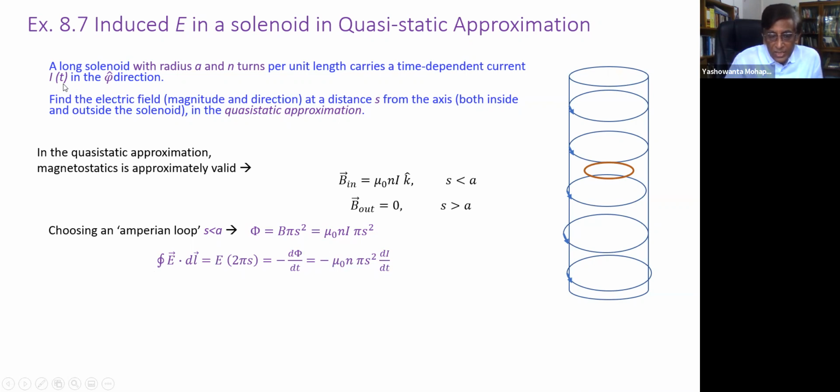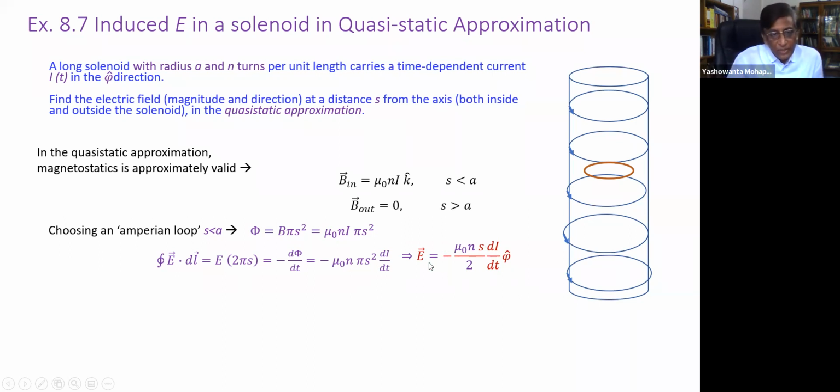So if I know I is a function of t, then I know dI/dt. For example, if it is sinusoidal, sine omega t, then this will be I naught omega cos omega t, or if it is cos omega t, this will be minus sine omega t. So this is dI by dt. Then E is mu naught n s over 2 times dI by dt, and E is in the phi direction.